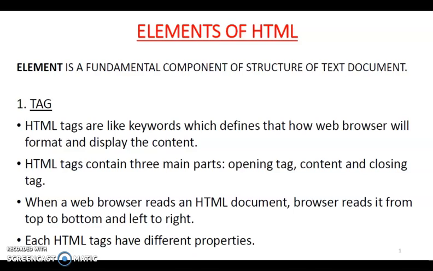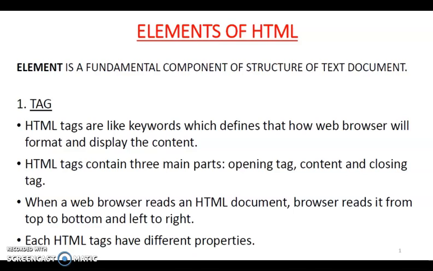The HTML elements are defined by using tags or attributes. The first one is the tag. Now what is the meaning of tag? The tag is like a keyword which defines how the web browser will format and display the content. It has three main parts: first the opening tag, then the content, and then the closing tag.